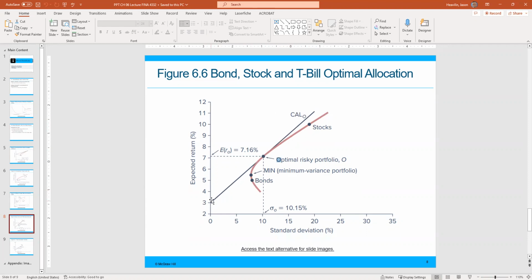There's a series of calculations, but you can combine portfolios, and not only can you reach outside the efficient frontier, but every portfolio here meets the standard of the optimal portfolio from this curve. That's what we call the Sharpe ratio.